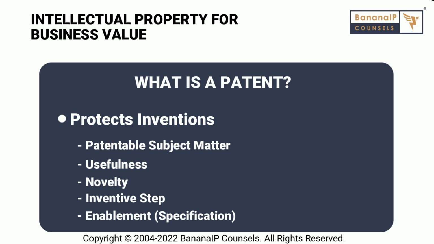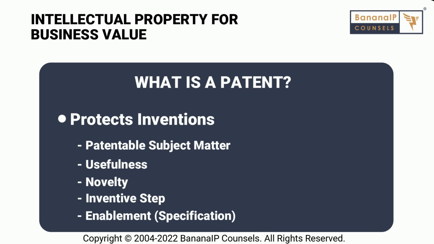So if you look at it in India today, and by the way, each country uses these prongs differently and has different scopes for each of these prongs. In India, products and processes are considered to be patentable. However, there is a long list of inventions which the government says are not considered to be patentable inventions.